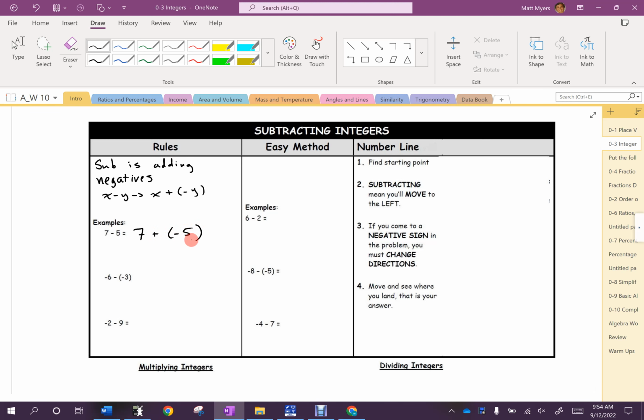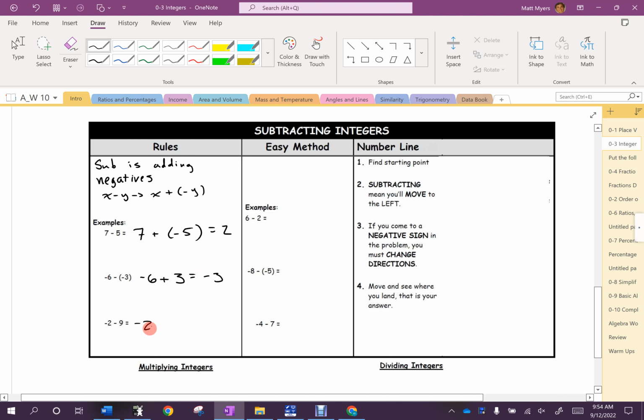Okay? So, what would this one really be? It would be negative 6 plus, now, this 5 became a negative 5. So what is that negative 3 going to become? A positive 3, and we are going to get an answer of negative 3. I forgot to put the answer there.